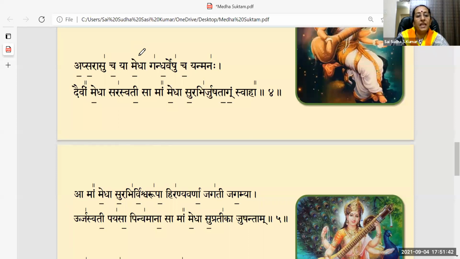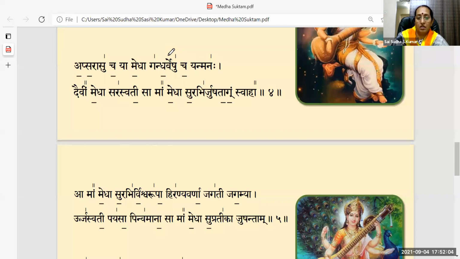Then Medha Gandharveshu. Here, Gandha, Gandharva. Here again, Gandharveshu, that is not correct. That Rve has to be Rve.